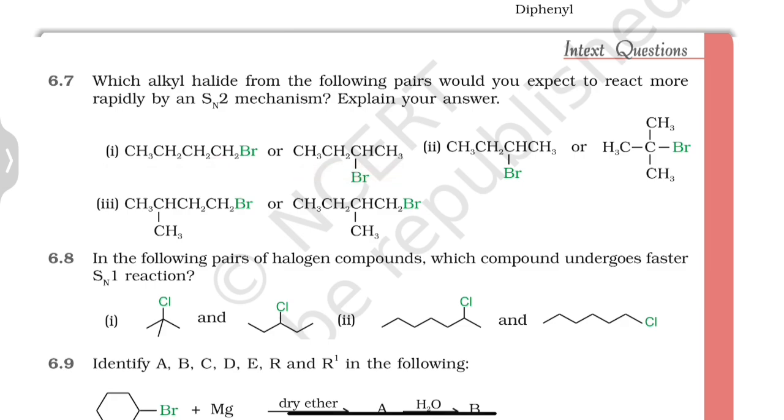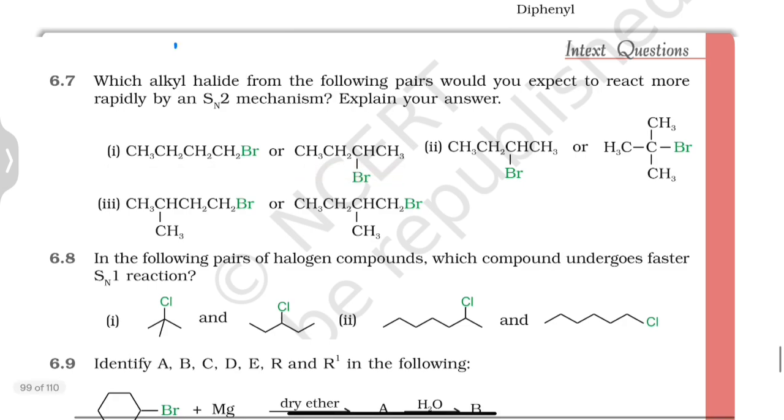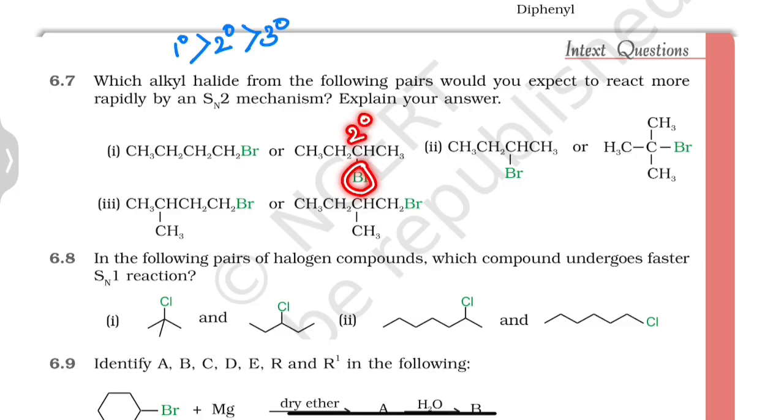You know that in SN2 mechanism, the rate of primary alkyl halide will be greater than secondary and then tertiary. Here halogen is attached to a primary carbon, and here halogen is attached to a secondary carbon. For primary carbon the rate will be more. So you have to write this is the one which shows the higher rate.